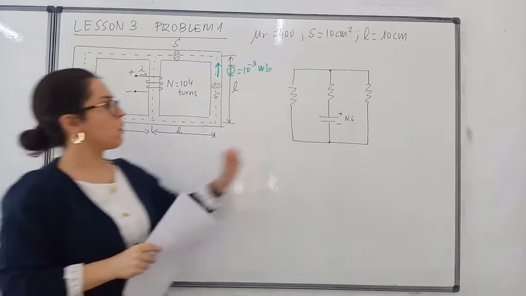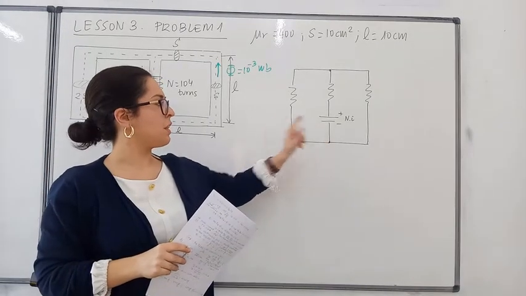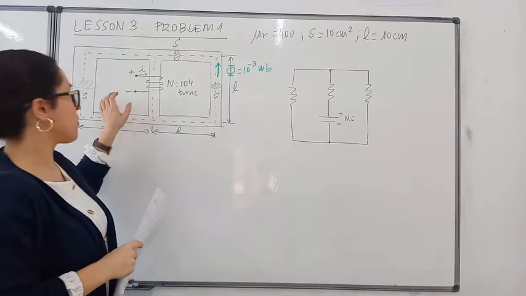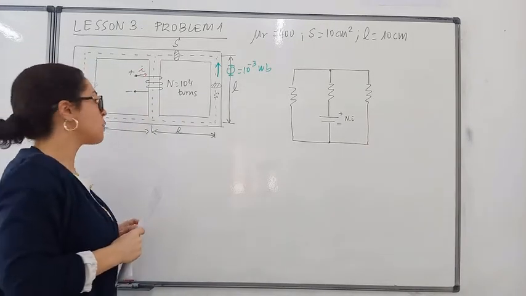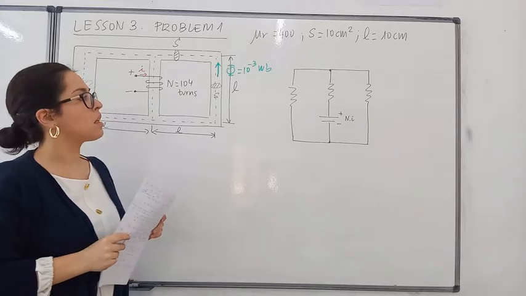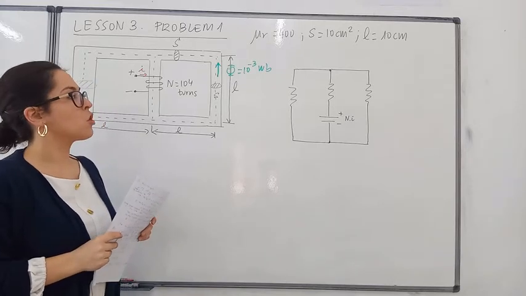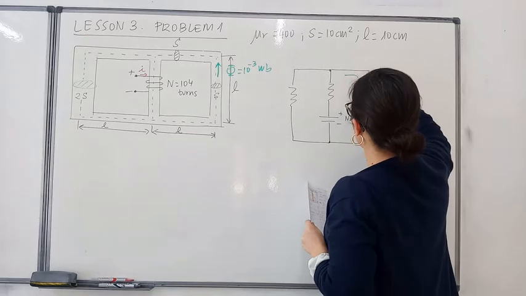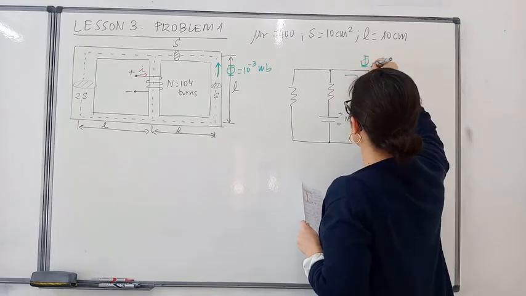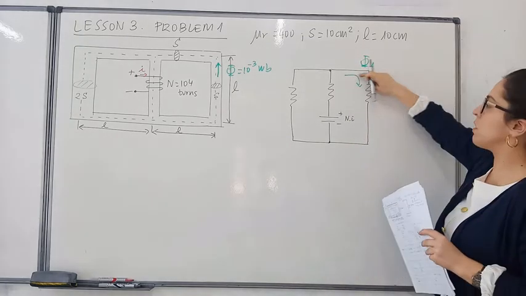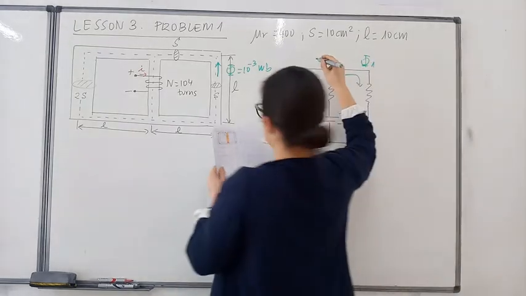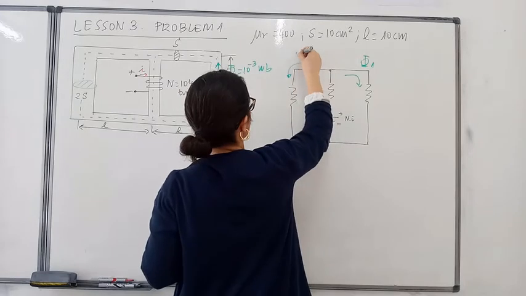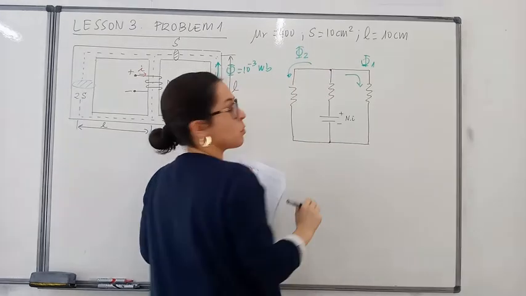So first of all, this is the diagram which represents this magnetic circuit. So we are going to distinguish between the magnetic flux in the different branches. Here we are going to write that the magnetic flux in the right branch is Phi1, and the magnetic flux in this branch is Phi2.